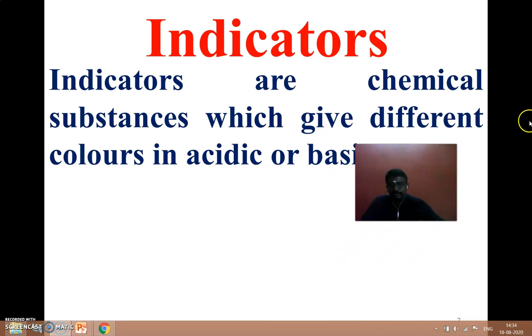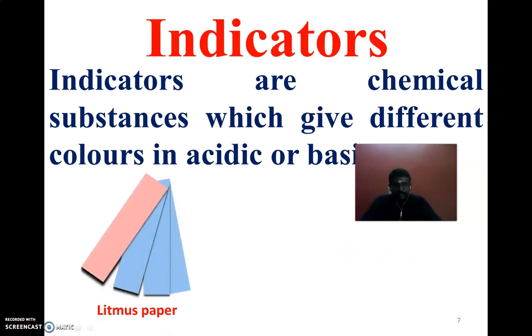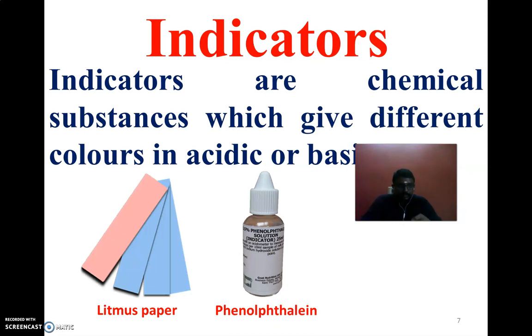One is litmus paper, so blue litmus paper or red litmus paper. Another one is phenolphthalein, and another indicator is methyl orange. So these are some indicators.